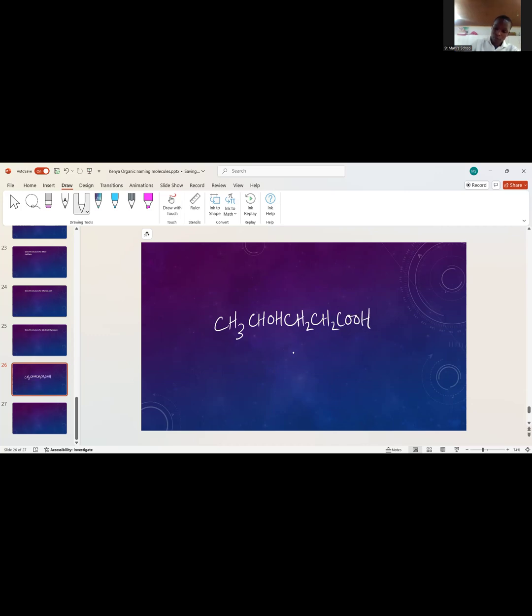Now, this is not quite so easy to see. So sometimes, if you get what we call a structural formula written out like this, it may be worth drawing it out so that you can identify all the different bits. But you may be able to do it anyway.